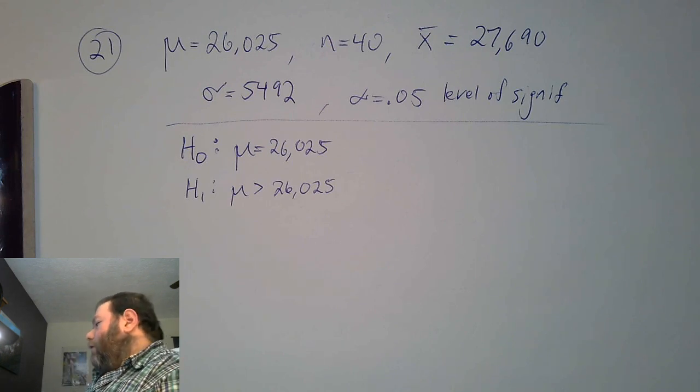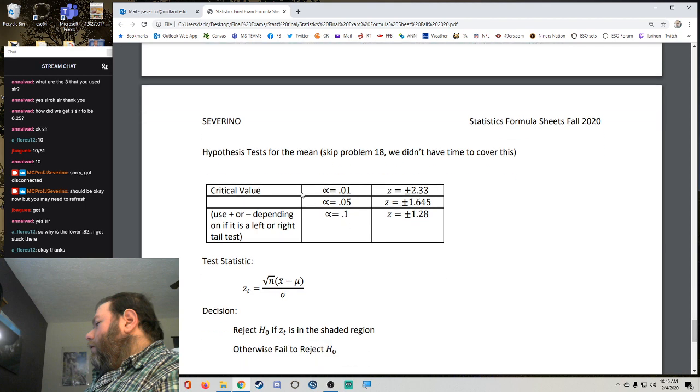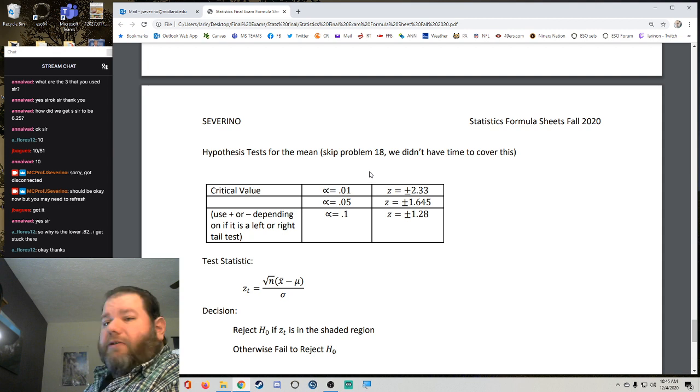Let me show you what I put on the formula sheet for this problem. Hypothesis test for the mean. And by the way, I said skip problem 18 on the final since we didn't have time to cover that. So when you get to it, just leave it blank. I'll give you credit for it and think of it as a way to boost your grade a bit.